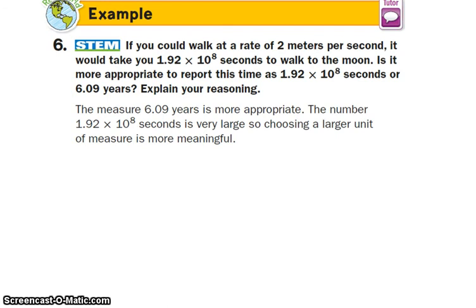Well, it's going to be easier if you say 6.09 years because we understand how much time that is, 6 years. We understand what 6 years is. If we use 1.92 times 10 to the 8th seconds, that's so large that we don't understand how big it actually is. So using a larger measurement here is actually going to be easier.